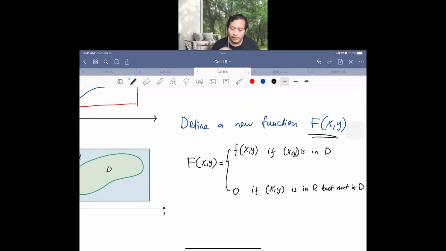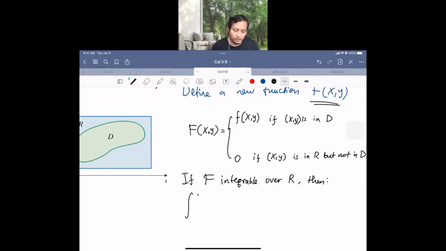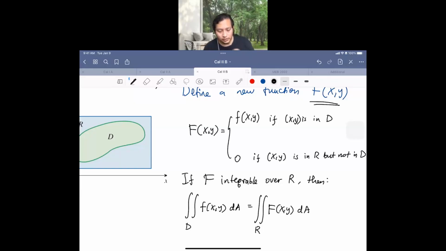Okay, and if this F is integrable over the rectangle R, then we define the double integral of f(x, y) dA to be equal to the integral of F over R. This is our first approach to compute a double integral over more general regions.